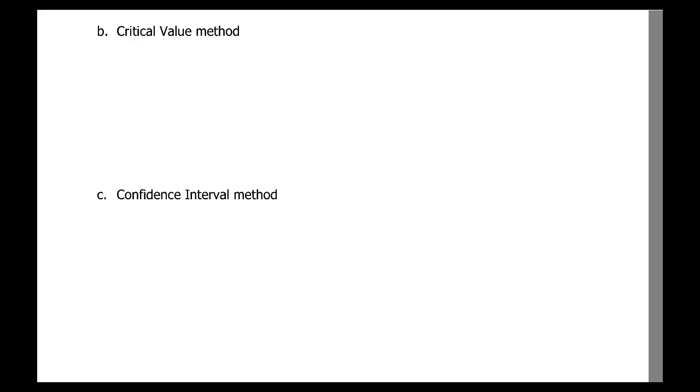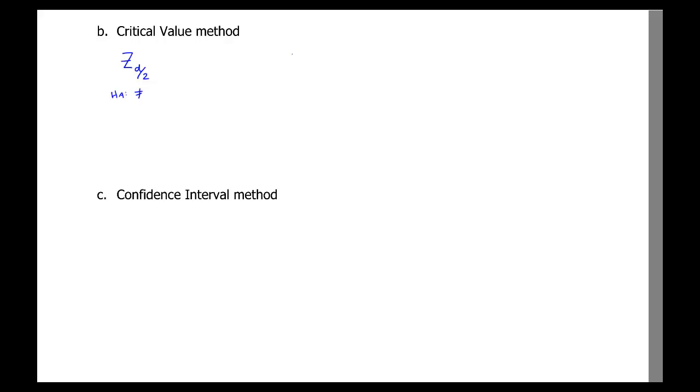Okay. We have the critical value method and the confidence interval method. In a critical value method, we want to compare some value of z, and I'm going to say z alpha over 2 because the null hypothesis was not equal, so we need the two-tailed z-score.